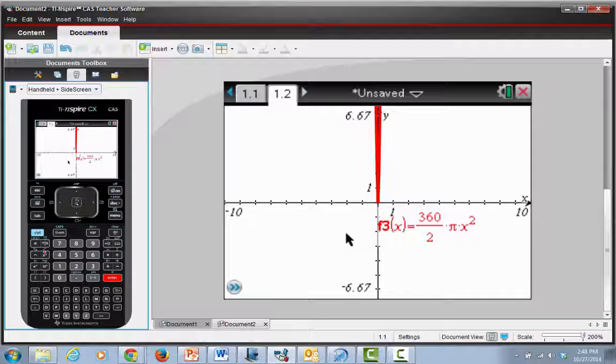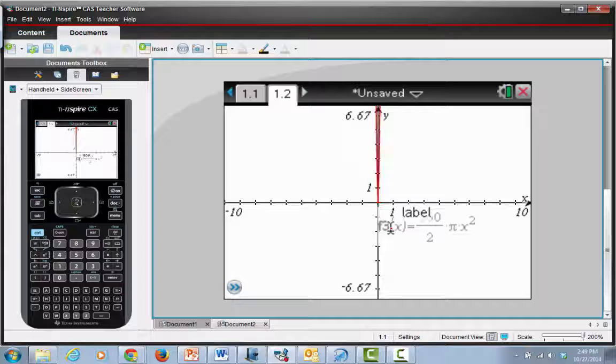Oops, what did I do wrong? What did I do wrong, you guys? It's multiplying by pi x squared, so I need to fix that.